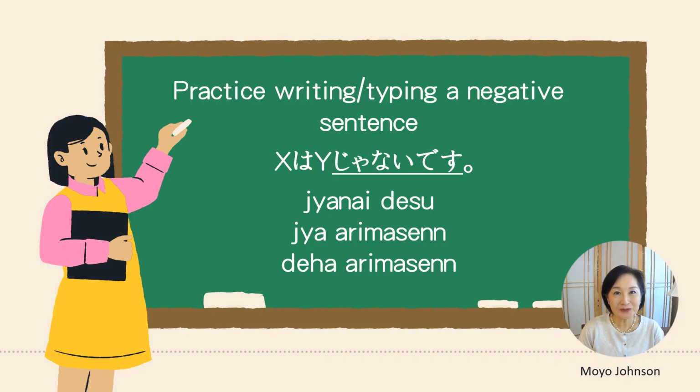Let me show you how to type these negative statements on your keyboard. When you type じゃないです, you type it like this. Now I put the space here just to make it easier for you to see, but when you actually type it, you don't need to put any space between ない and です. And this spelling J-Y-A will get you little ya with J, ja.